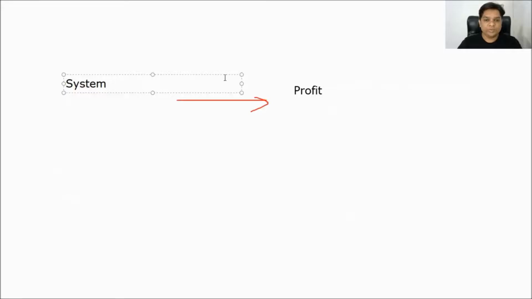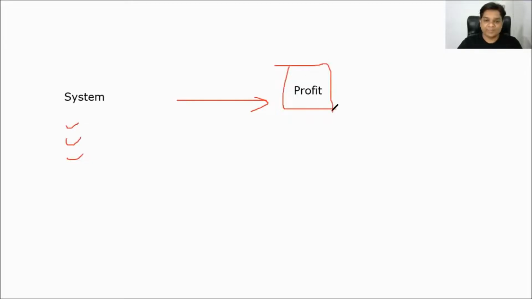You need to follow a certain system, a step-by-step process in trading and investing. Then you will be able to make money. Otherwise, if you are using the different reasons we have discussed, like calls and news and everything, you will not get the same result all the time.